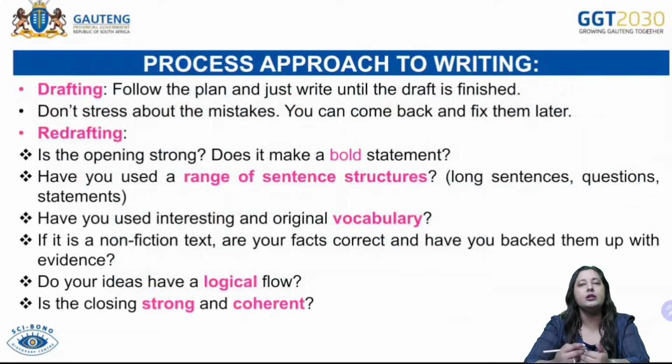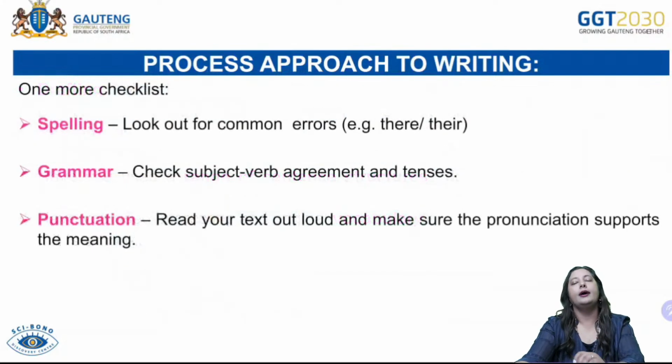So you need to include the evidence if you've made a particular statement about something. All right, so be aware of that. Then you're also checking, for example, are my ideas flowing from one idea to the next, and did I ensure that I had a strong, coherent piece of work done, and particularly in my conclusion, did I conclude it effectively?